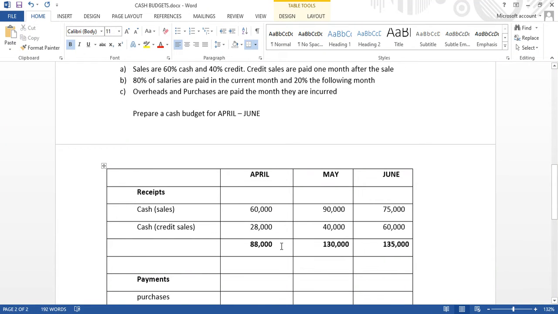So we're done with the receipts. This is how much we're expecting to receive in April, May, and June.